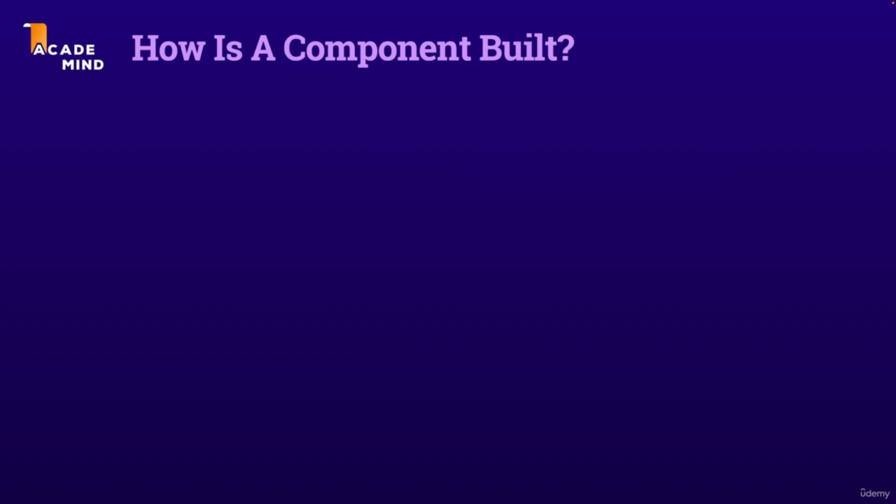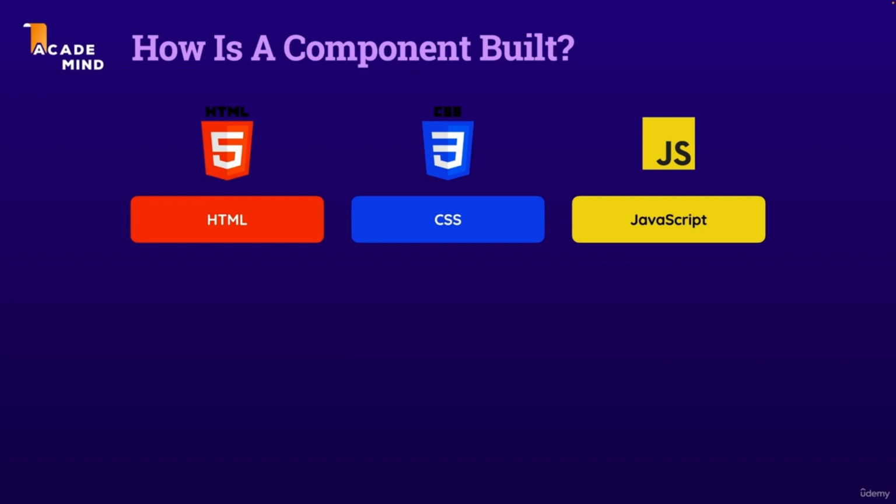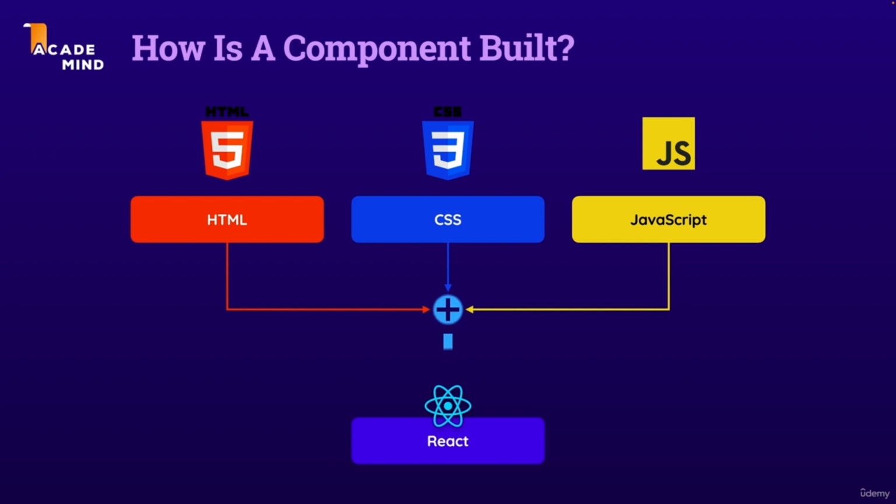In the end, user interfaces are about HTML, CSS, and JavaScript. And therefore, all these components are about combining HTML, CSS, and JavaScript. When we work with React and we build components, we in the end do just that. We combine HTML, CSS, and JavaScript in all these components, and then we combine all these components together to build the entire user interface.